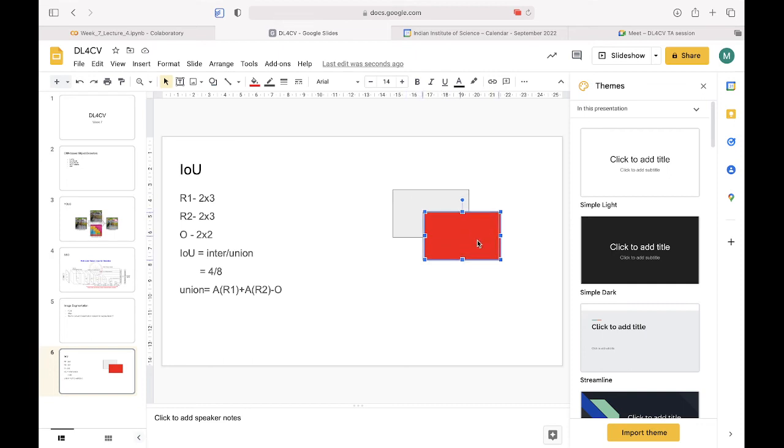If you have a 2 cross 2 intersection, it will be something like this, right? This is 2 cross 2, no? The overlapping region.